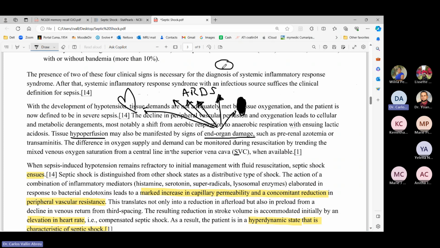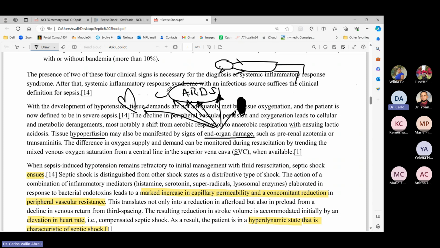It is convenient to put the client in prone position to favor the drainage of the liquids in the lung. ARDS is a frequent manifestation. The most common cause of ARDS is sepsis, septicemia.